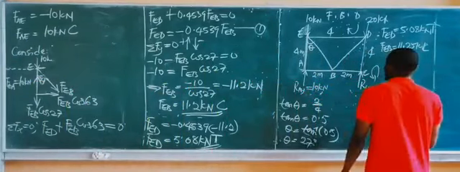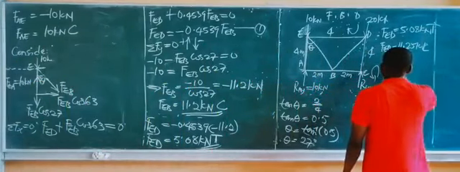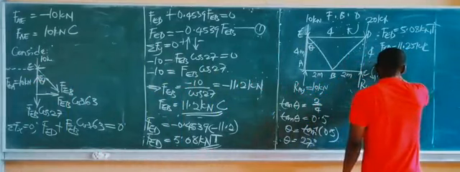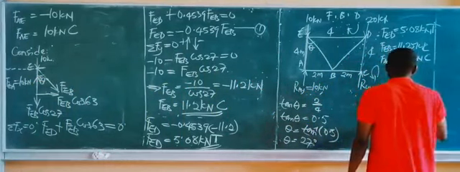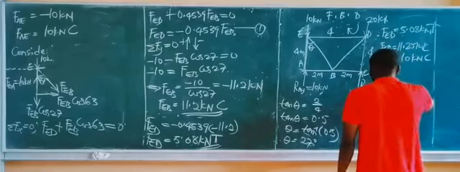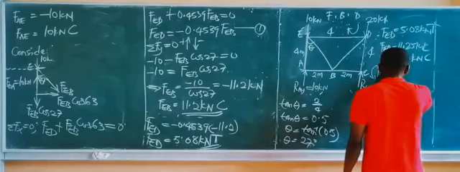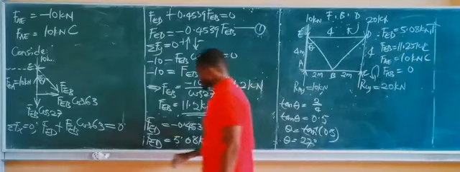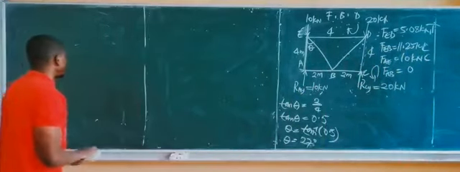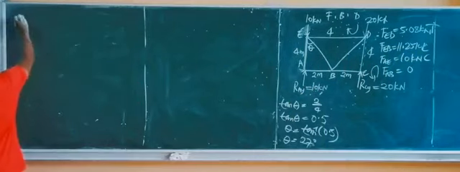FAE equals 10 kilonewtons compressive, and FAB equals 0. Alright, we can wipe this now. Alright, so consider joint C.